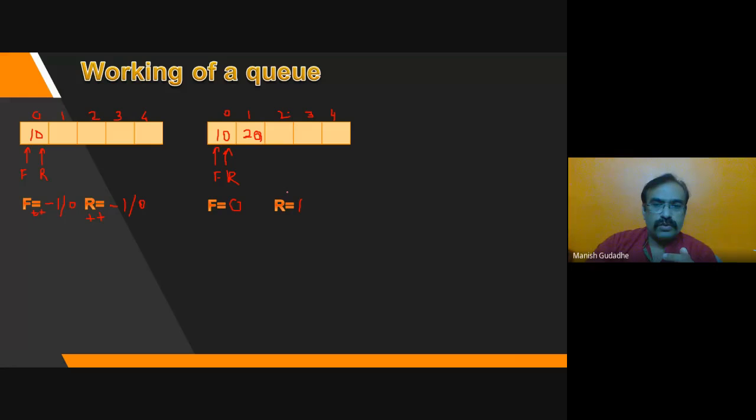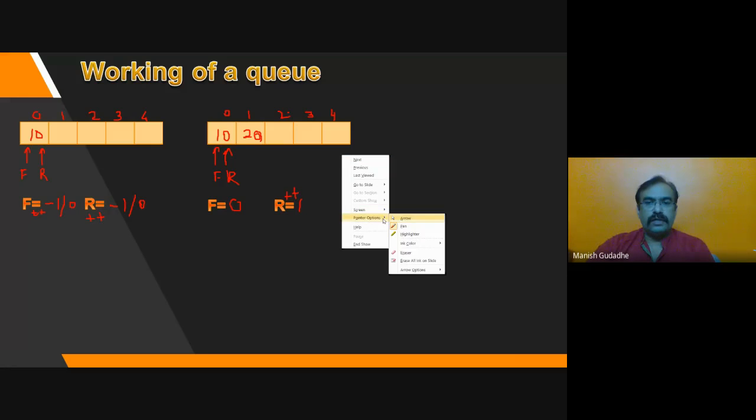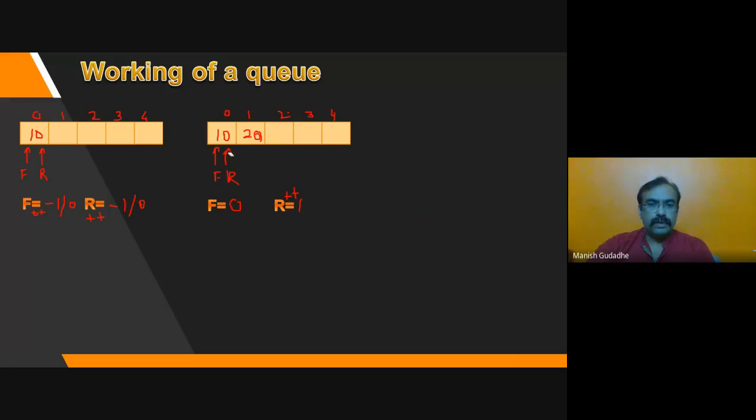So you are going to make R equal to R plus 1. Now R will not be pointing to 0 anymore, but it will be pointing to 1.